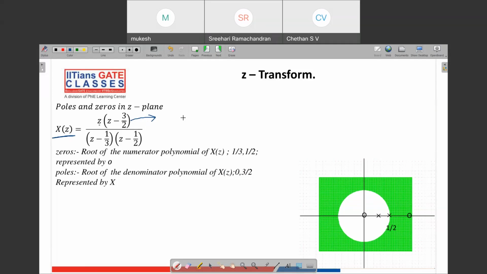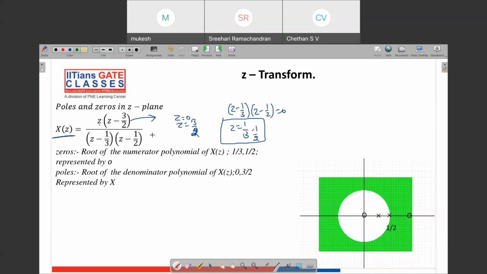So in this case, zeros will be z equal to 0 and z equal to 3 by 2. Now to find the poles, you take the denominator polynomial and equate it to 0 to find the roots. So Z minus 1 by 3 and Z minus 1 by 2 equated to 0. The roots will be 1 by 3 and 1 by 2. So these two are the poles of the Z transform.